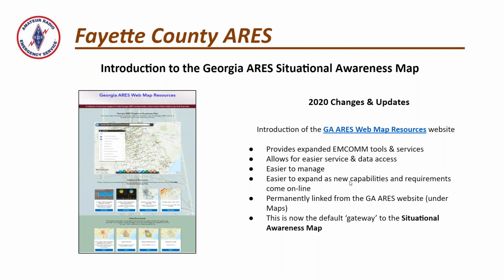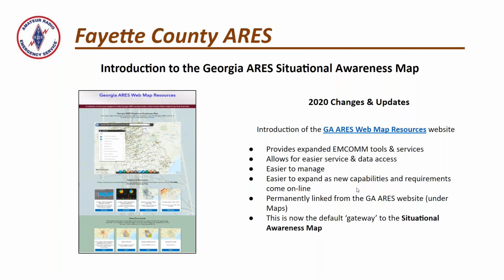It's easier for me to manage because it gives me the elbow room I would need to expand if I needed to add a new functionality that didn't quite fit into the situational awareness map. I could carve it out as a new separate web map application and just add it here to the website. So it gives me a little bit more elbow room and expansion space.